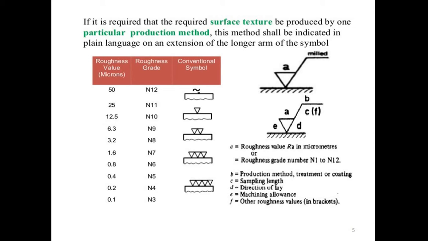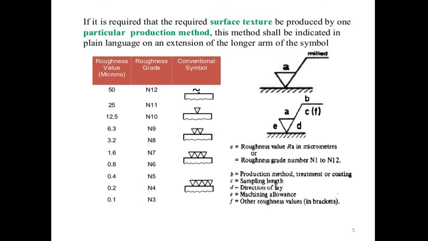If you want to use that particular method, you have to mention it on the extension of the longer arm of the symbol, that is, the required surface texture is produced by one particular production method, and this method shall be indicated in plain language on an extension of the longer arm of the symbol.